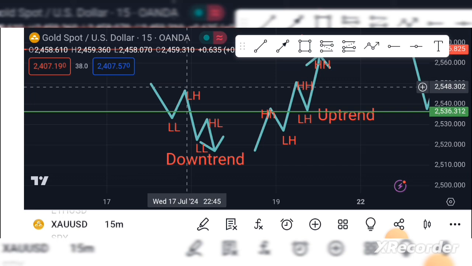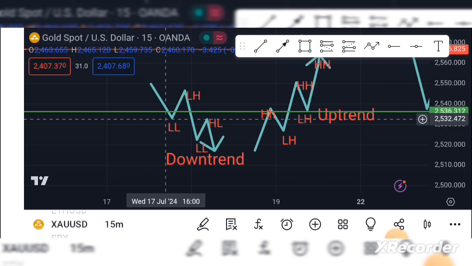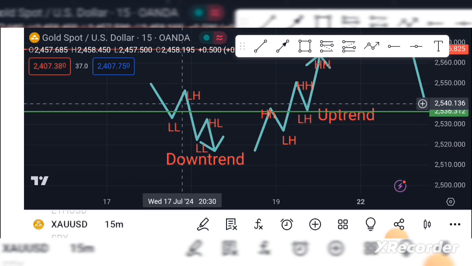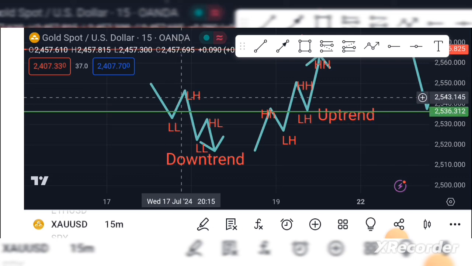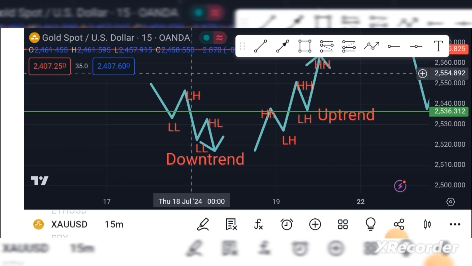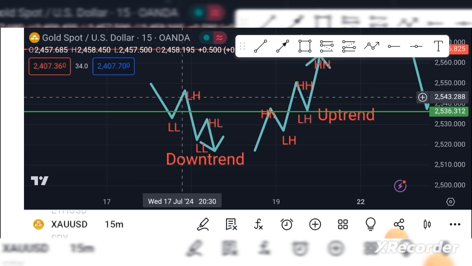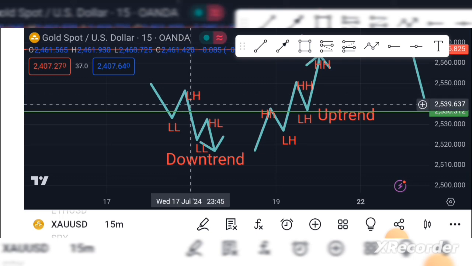When we get to the chart, I will be showing you guys what a correction is. But here, talking about correction, here is the correction phase of this market. Now the market has done a little bit of correction, and now it's going to pull down again, creating an imbalance.